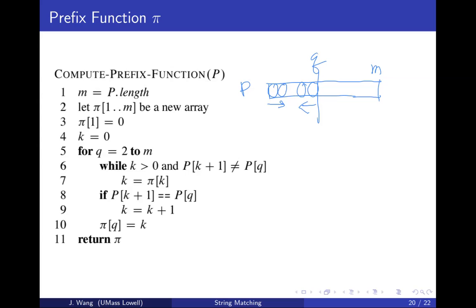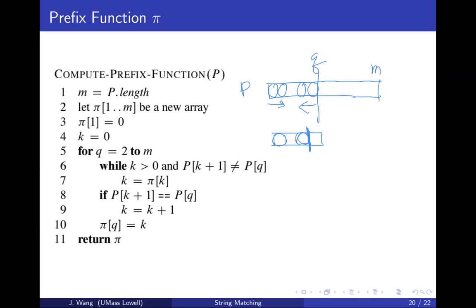So that is quadratic time, but we want linear time. So the idea then for linear time is that when you have a Q, you're going to take the previous matching. So for instance, this is my Q, and the previous one is here. You already computed whether this guy is the same as this guy.